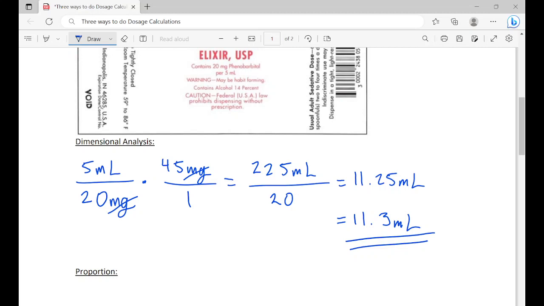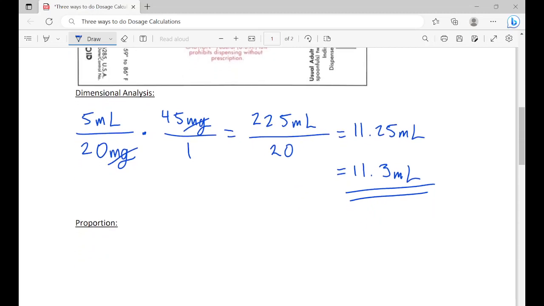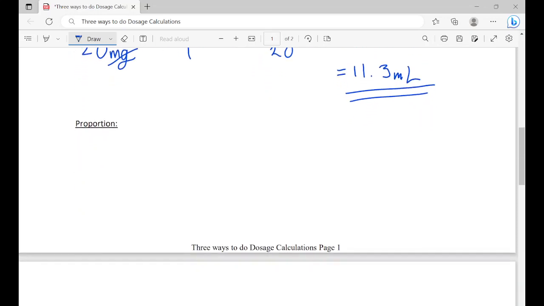Now that's dimensional analysis. Let's do the proportion method. Now proportion, we have to write it kind of similar with some ratios. So again, we're using the same numbers, but we're going to write it in a slightly different way. So we had our available, which was 20 milligrams per 5 milliliters. So we write it as 20 milligrams ratio, use a colon, 5 milliliters.